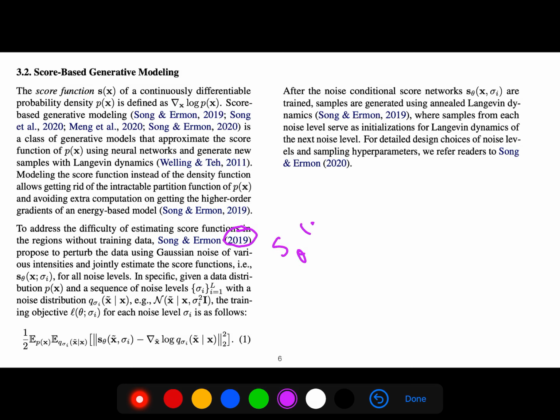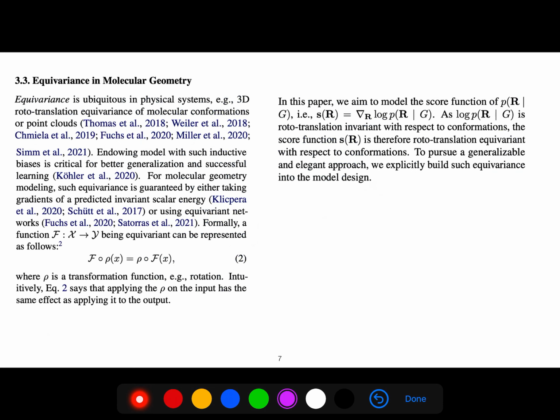So this is a score function, and for example, a noise level could be sigma i. So we train like this. After the noise conditional scores are trained, samples are generated using Langevin dynamics.